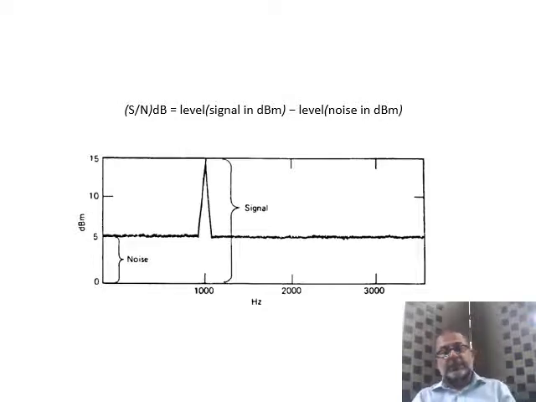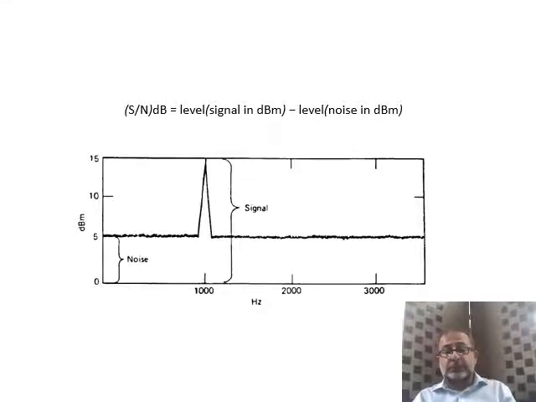Here in this diagram, you can see that we have got a signal level at 15 dBm, and the noise floor stays at 5 dBm. In this case, the signal to noise ratio would be 15 minus 5, and it would be 10 dBs.